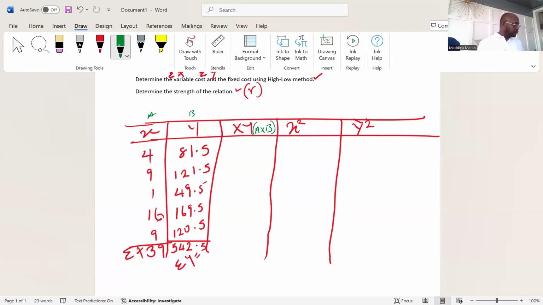So let's go. If we take 4 multiplied by 81.5, this gives 326. 9 multiplied by 121.5 gives 1093.5.